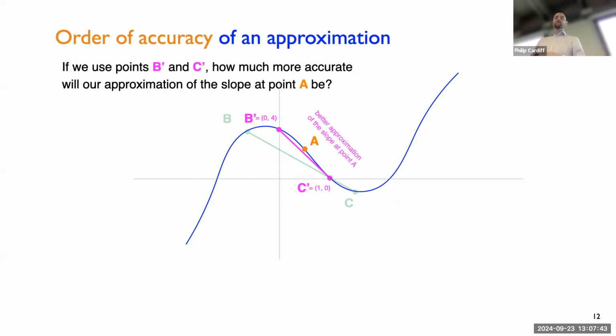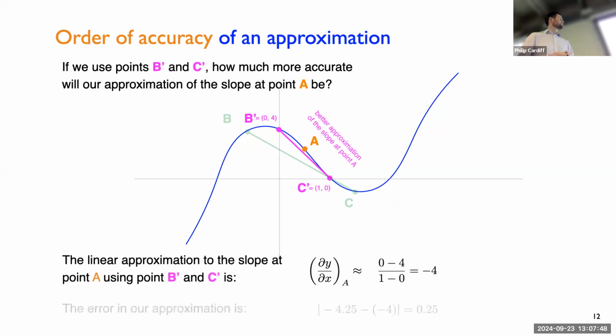And the distance between B prime and C prime is half that of B and C. So if I do a linear approximation here, this minus this, you'll see 1 minus 0 divided by 1, so that's minus 4. So the true slope is minus 4.25. That means our error is the difference between 4.25 and 4, so it's 0.25. So it's a much smaller error.